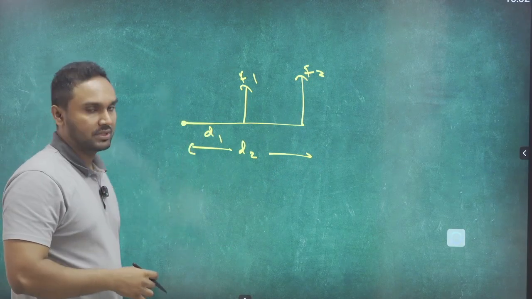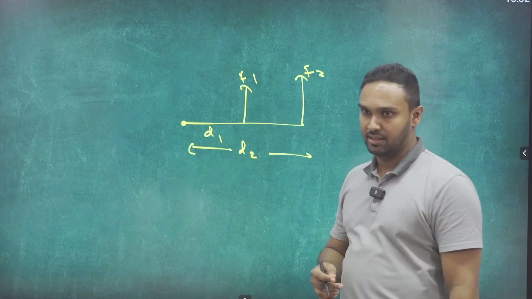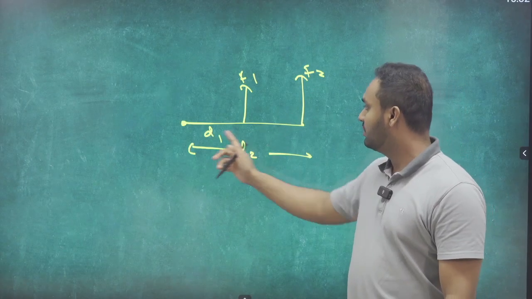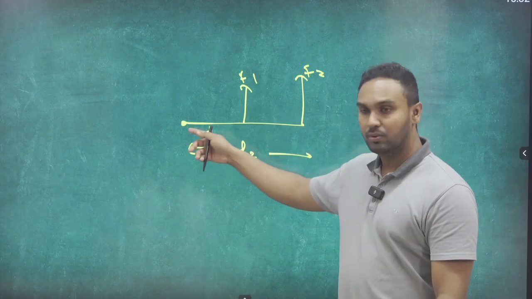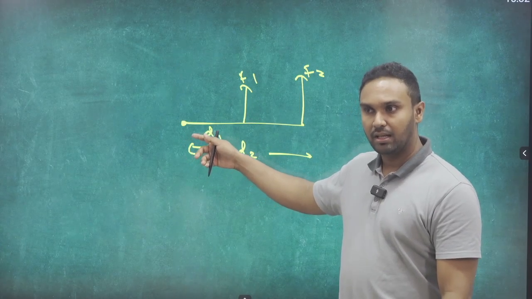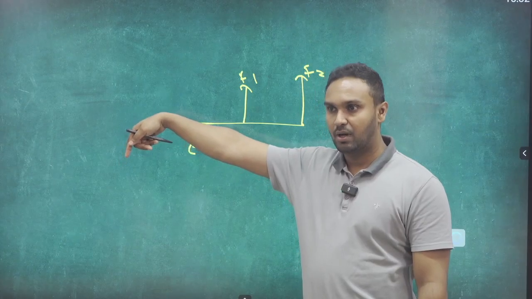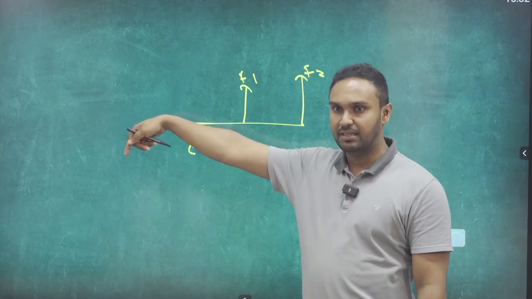Now two forces are acting, and the rotations are towards the same direction, right? So there are two torques. One is F2 into D2, right? The other torque is F1 into D1, right? And the two torques are acting towards the same direction. So how would the rotation be? Would it be speeding or slowing? It would be speeding up compared to the other one, right?